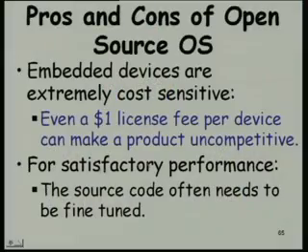So, that is one thing going in favor of open source operating systems, and people are actually exploring to use open source operating system. Now, but for satisfactory performance, this open source operating system needs to be fine tuned. You can't just get it and use it, right.